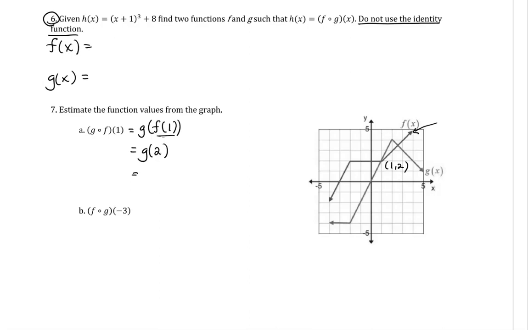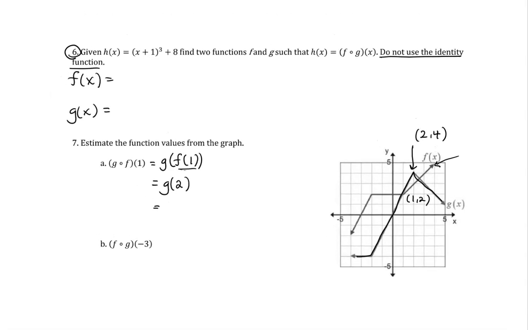So we're left evaluating g of 2. G is this graph here. And at 2, I can see that the point 2, 4 is on the graph of g. So g of 2 is equal to 4. I would like for you all to try example 7b, and we will go over that together in class.